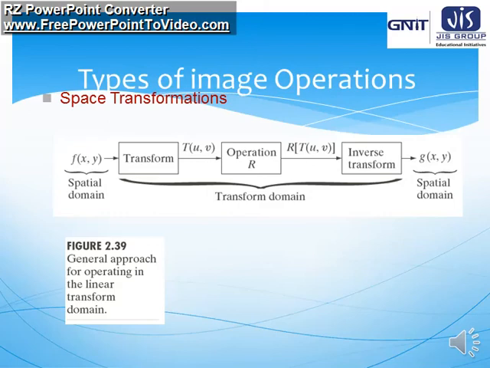Here f(x,y) and g(x,y) lie in the spatial domain, where f(x,y) is the image function before processing and g(x,y) is the image function after processing. So this is the general approach for operating in the linear transformation domain.